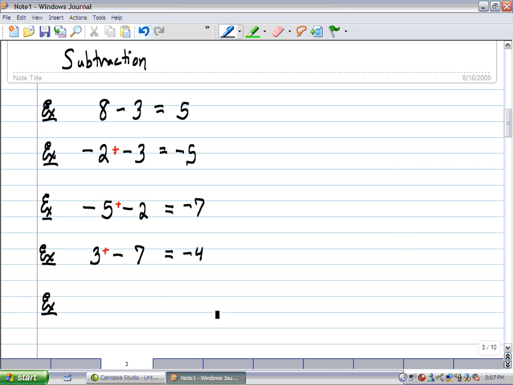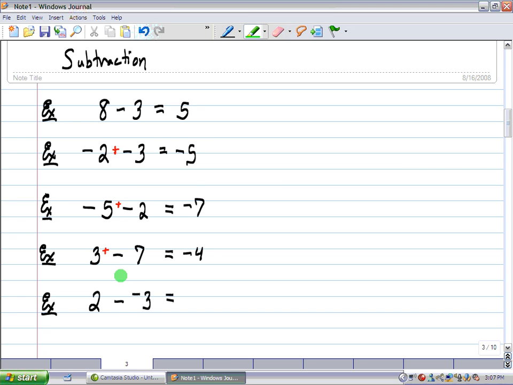Okay, what if I have two negatives together? 2 minus a -3. Well, when two negatives are next to each other, they're going to get together and turn into a plus. So this little guy right here, he's going to do a little flip.